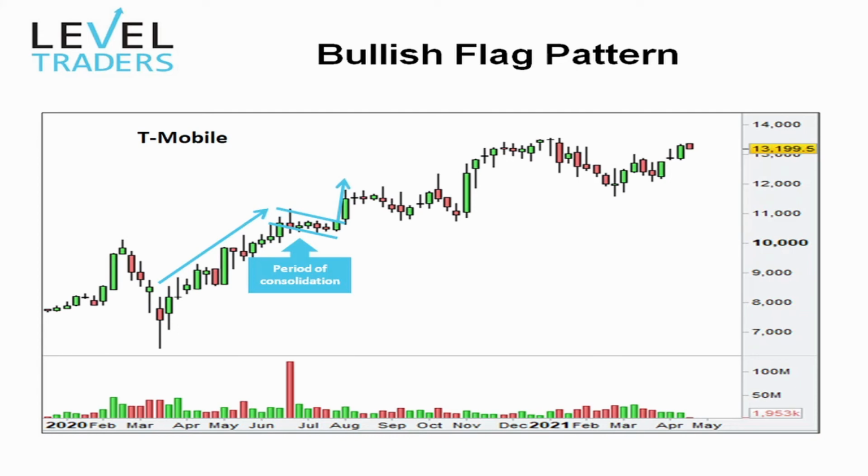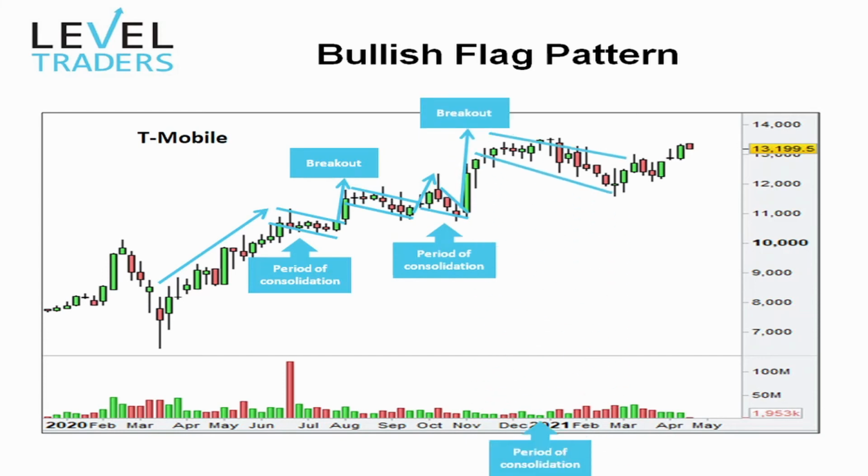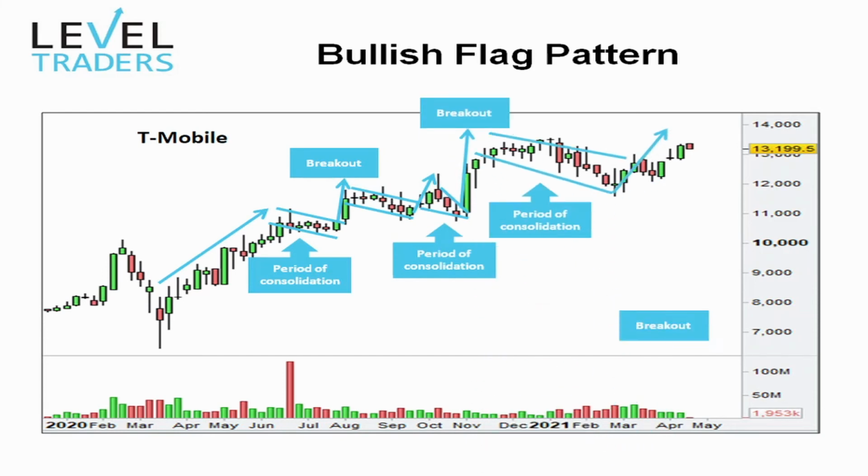On this chart, this happens a further 4 times. So you've got consolidation, breakout, consolidation, followed by another breakout. Another great example of a bull flag.